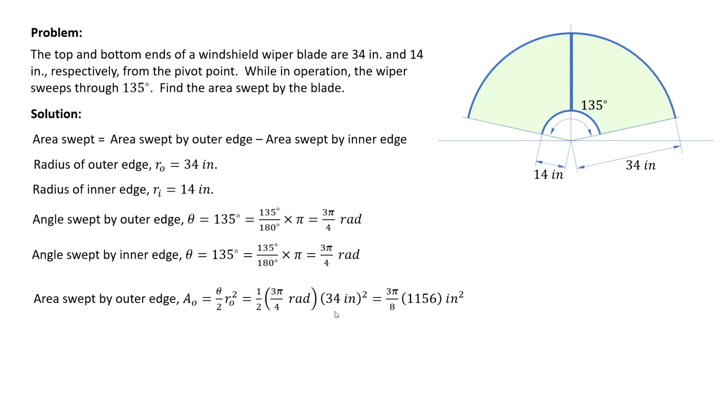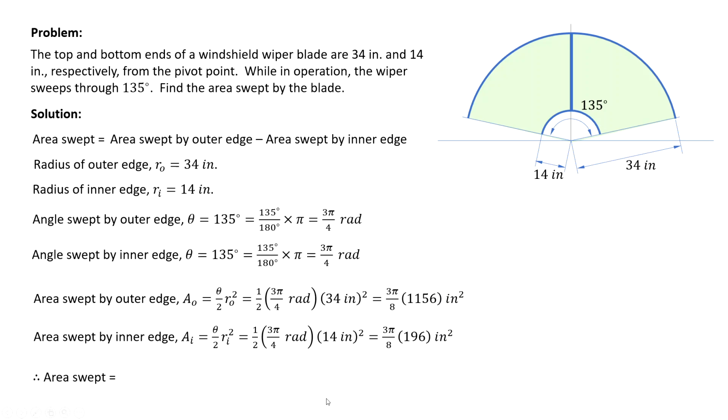So multiplying by 1 radian is the same as multiplying by a number 1. Okay, and so inch square times radian will have units of inch square, and that's what you see, square inches. Area swept by inner edge in a similar way, and I just subtracted the 2.